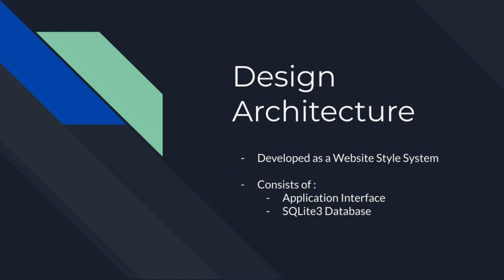Regarding the design architecture, TimeDrop was developed as a website-style system and consists of an application interface that the user interacts with, as discussed before, and a Django SQLite 3 database that stores all the user-created calendars, tasks, and credentials.